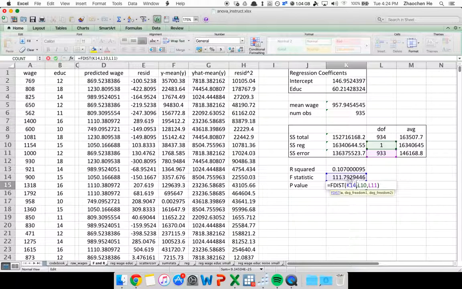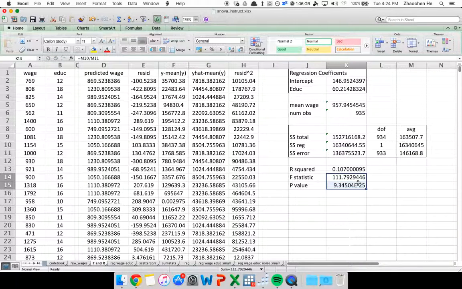The first argument in that function is this F statistic that we just computed. And then the last two arguments, notice it asks you for 2 degrees of freedom. Those are the 2 degrees of freedom that were used in computing the F statistic, this 1 and this 933, corresponding to the fact that we divided the sum of squares of the regression by the sum of squares of the error. So that's where those numbers come from.